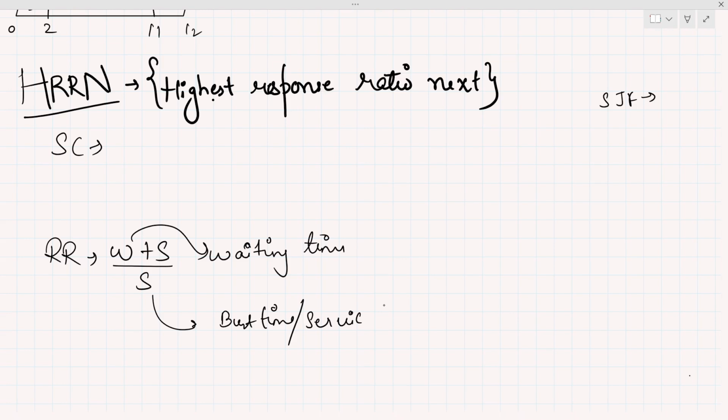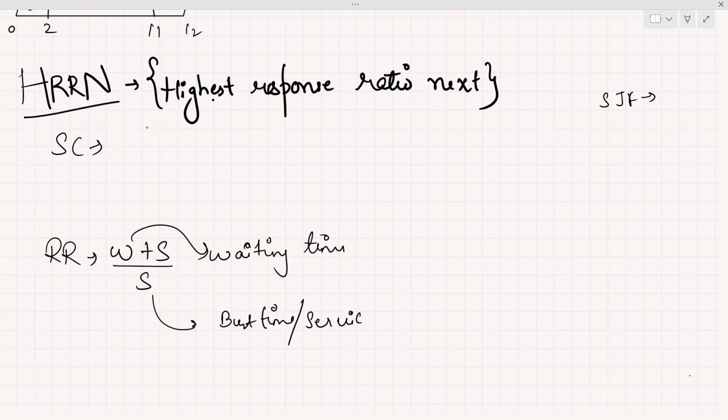So in HRRN we select according to the response ratio. The formula is waiting time plus burst time divided by the burst time. We find this for the different processes, and whichever process has the highest response ratio, we select that process for execution.